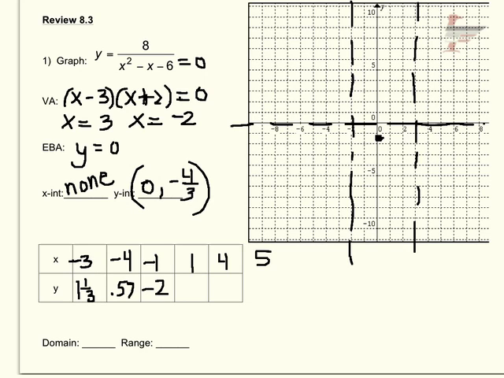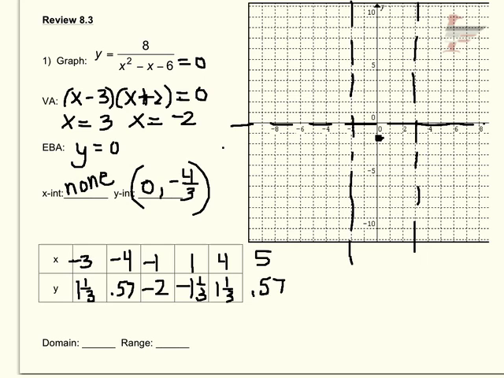Positive 1, 1 squared is 1, minus 1 is 0, minus 6, so that's going to be negative 1 1/3. 4 squared, 16 minus 4 is 12. 12 minus 6 is 6. 8 over 6 is 1 1/3. A lot of 1 1/3s here. And lastly, 5 squared, 25, minus 5 is 20. 20 minus 6 is 14. 8 14ths again, so that's that 0.57 estimate.